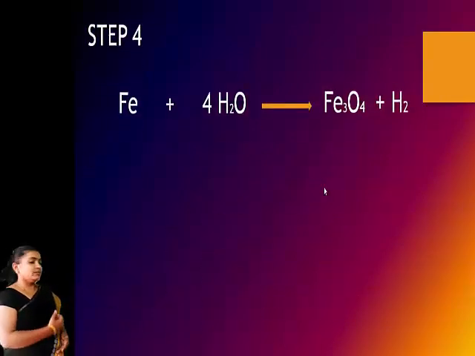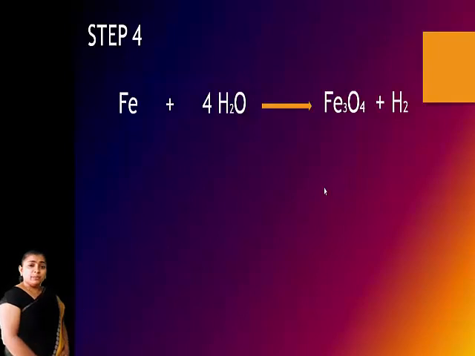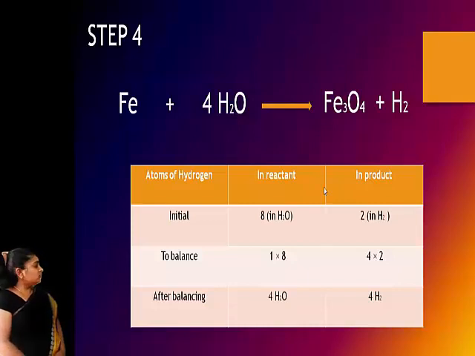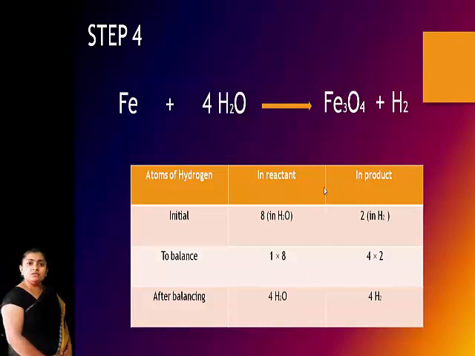Now step 4. Fe and hydrogen atoms are still not balanced. So pick the element having the maximum number of atoms. Let's balance hydrogen first on the basis of this criterion. In the reactant we now have 4 H2O, that means 8 hydrogen, and in product we have 2 hydrogen.